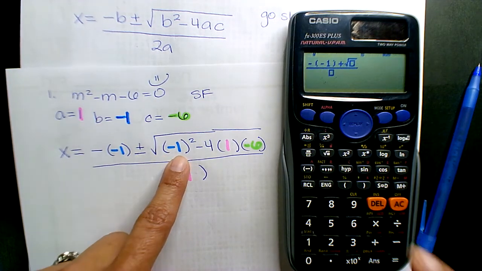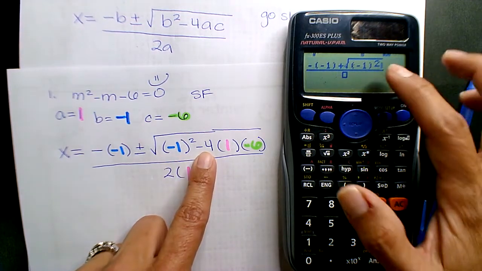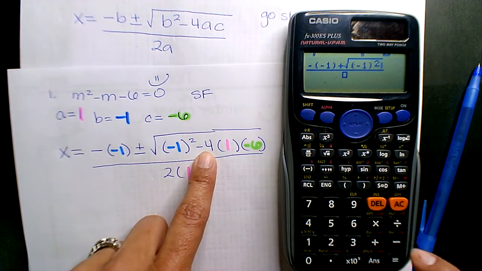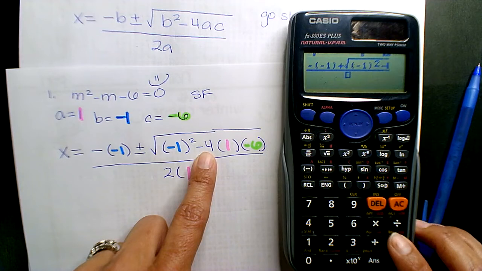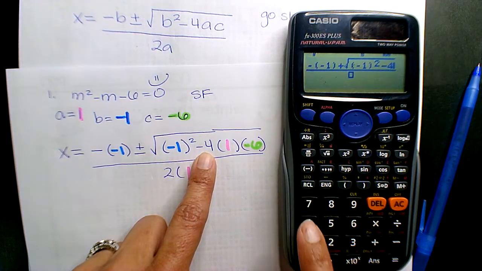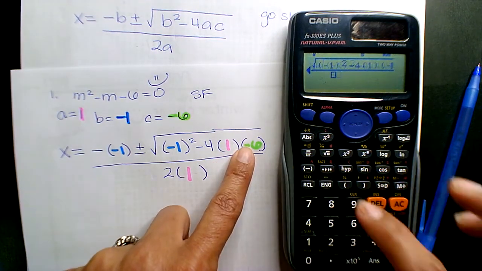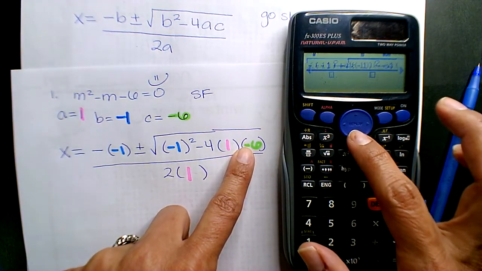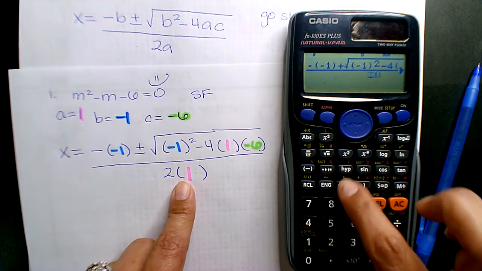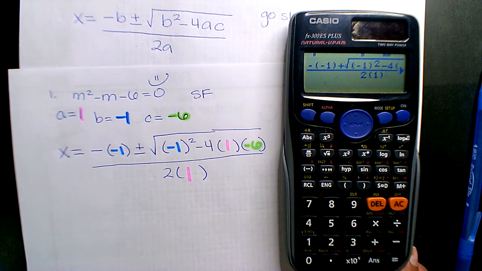The square root of negative 1 squared, then subtraction 4, A, C. Now you click down into the denominator, set it up, and then you just hit equal.